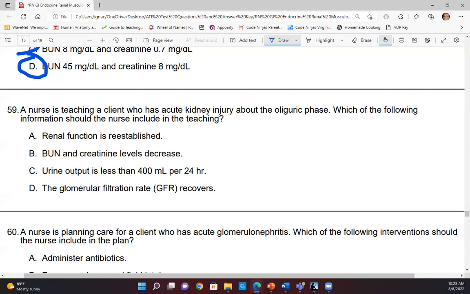So what is going to be something that this nurse should teach her patient about the oliguric phase? Take a moment and see what you come up with.